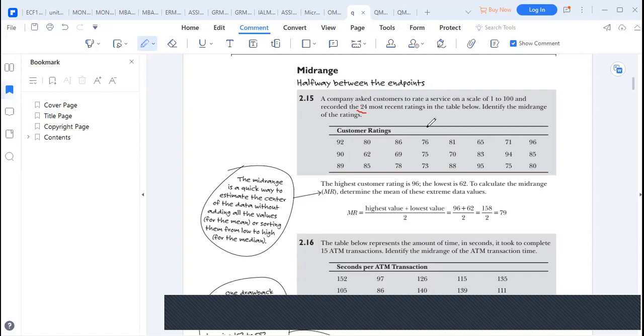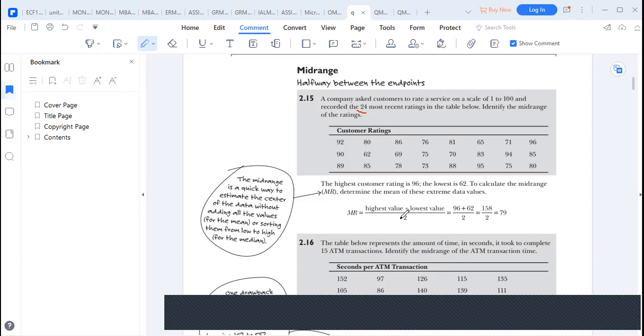So when you're given a lot of values like this, all right? To find the midway, we just find the highest value, add the lowest value, and divide by 2. We call that our mid-range.